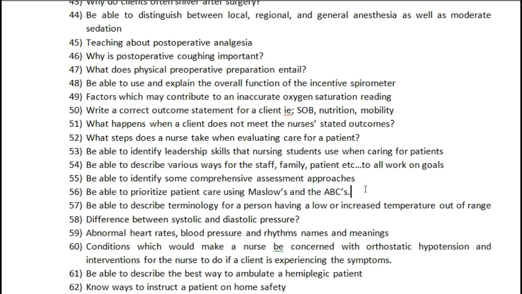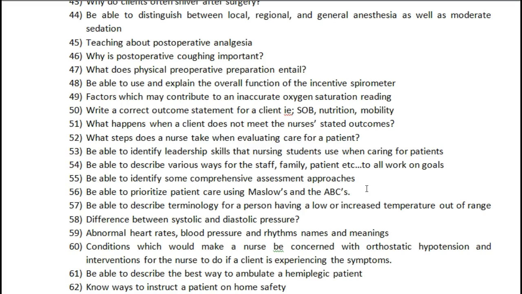And as far as being able to prioritize, I go over that a lot. Remember, I always tell you guys, not Gordon, Maslow's: always make sure that you look at the physical first and the ABCs.